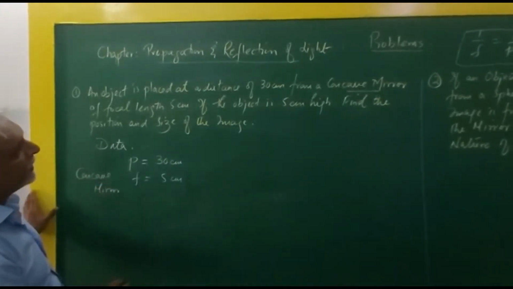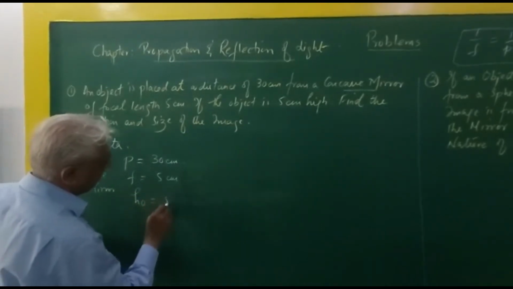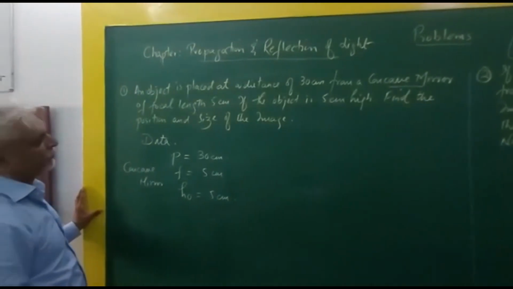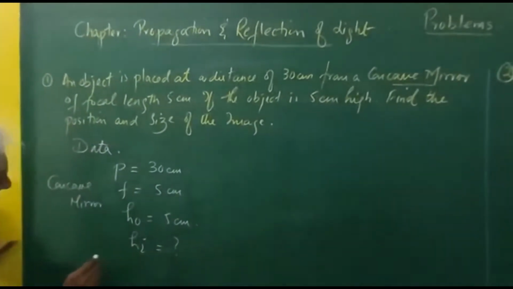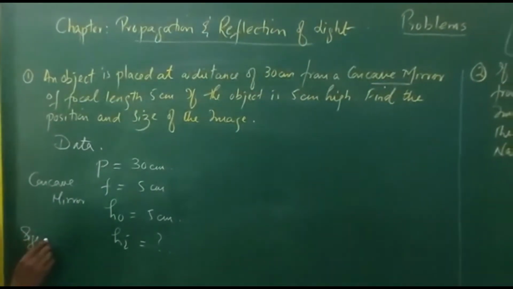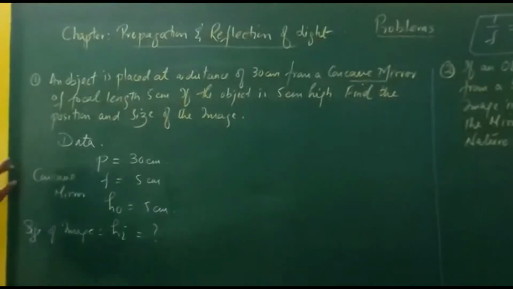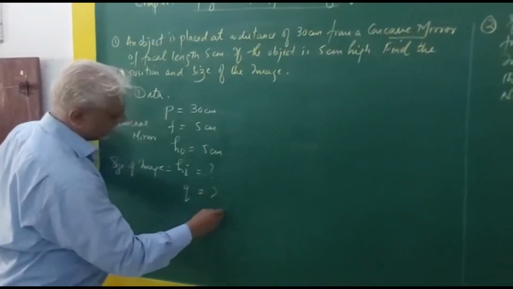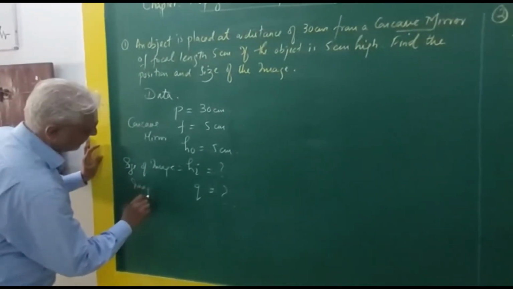The object is 5 centimeters high. Find the position and size of the image. So you have to find the size or height of the image, and the position of the image, that means Q, which is the image distance.